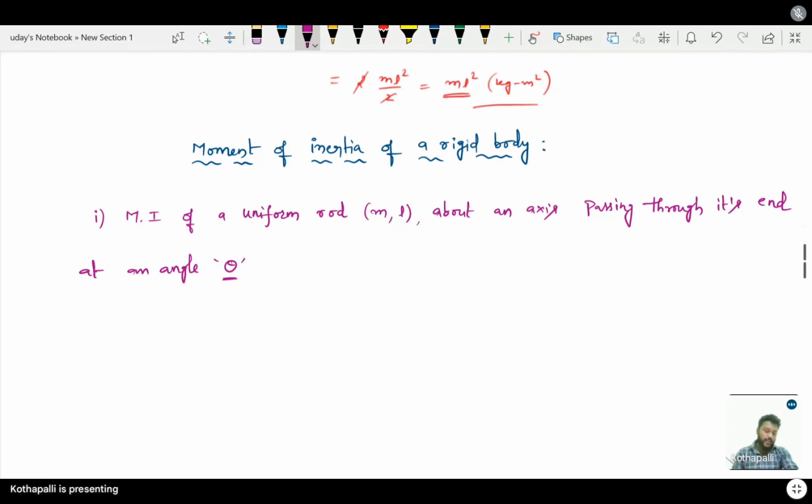Angle theta, passing through the end. Okay. About that axis, we need to calculate the moment of inertia.